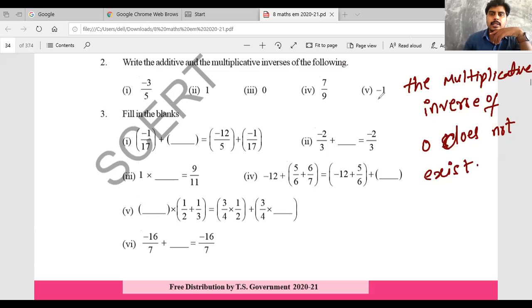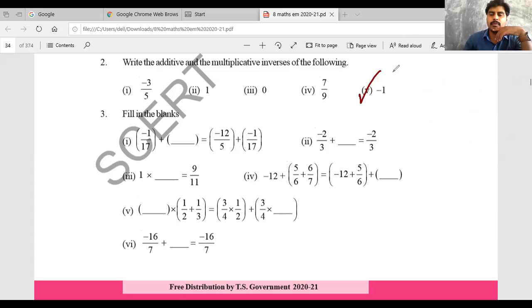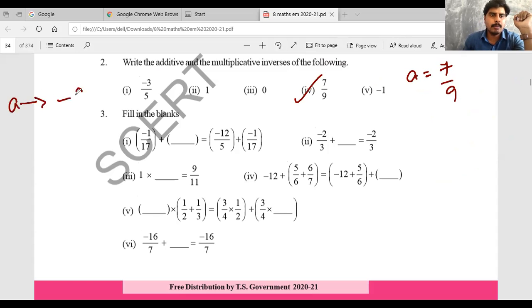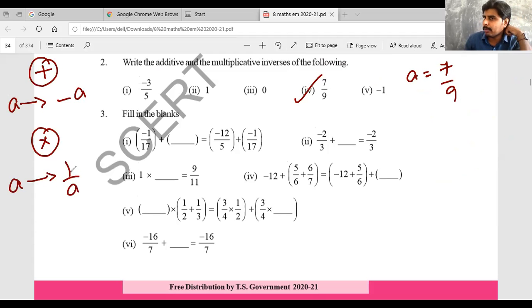Right. Next, number 4. A is equal to 7 by 9. What is the additive inverse? If it is A, minus A is the additive inverse in addition. In multiplication, for A, 1 by A is the multiplicative inverse, right?